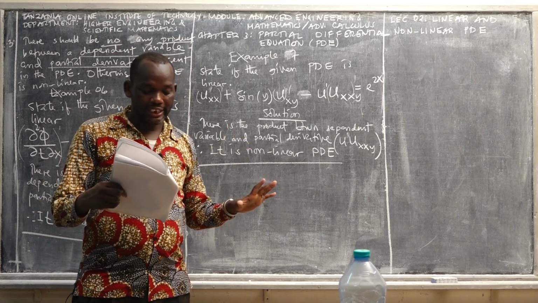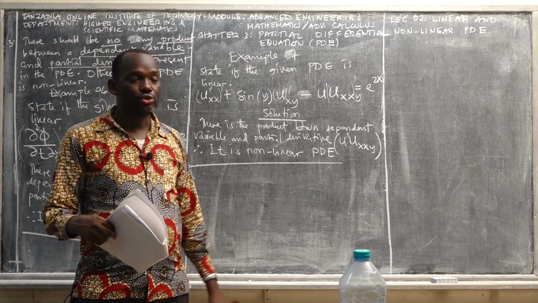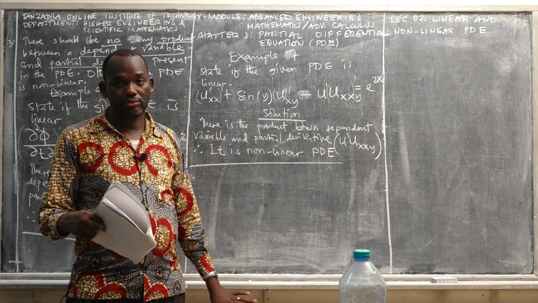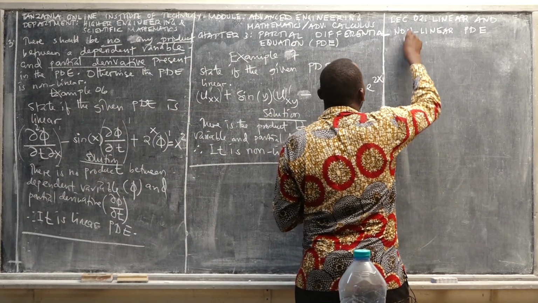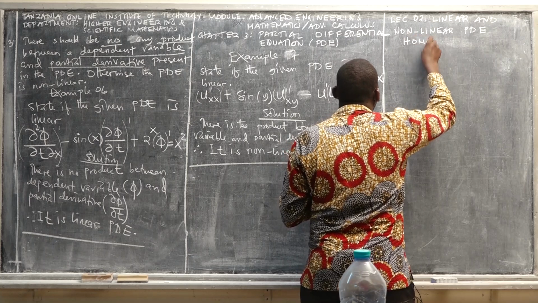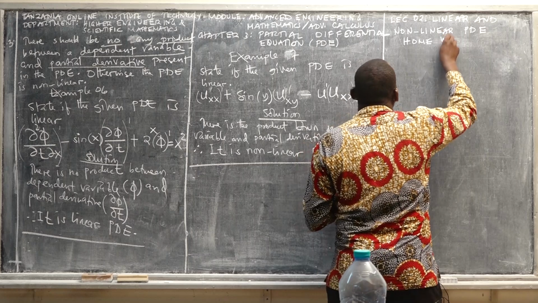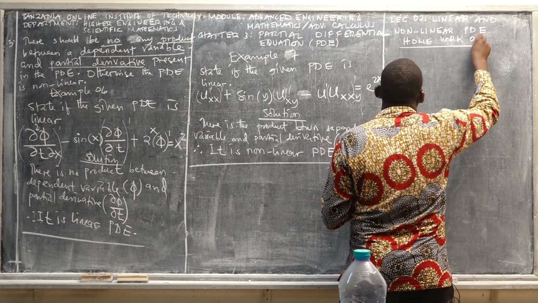Question number 1 had 5 marks. So try your level best to answer the question. Any teacher who loves his or her students will leave homework. So this is homework 1.